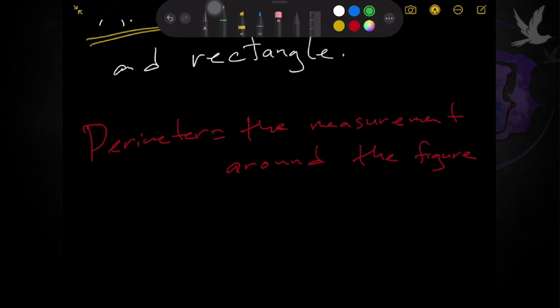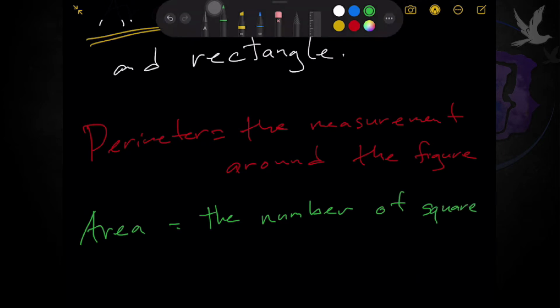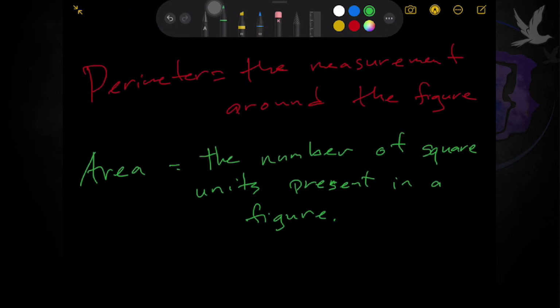Sa area naman, basically refers to the number of square units present in a figure. Anong ibig sabihin yan, no? So, perimeter basically refers to the measurement around the figure. And sa area naman is the number of square units present in a figure.